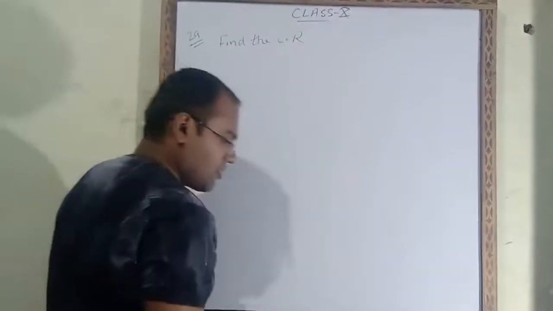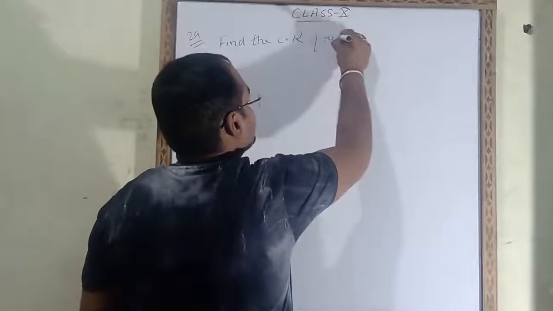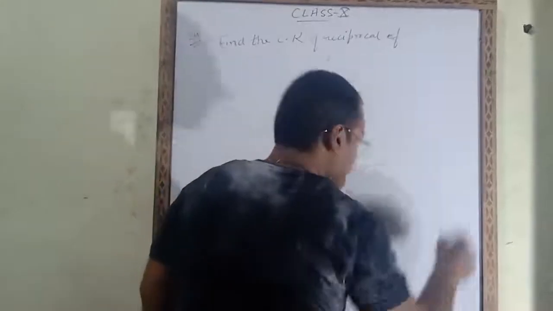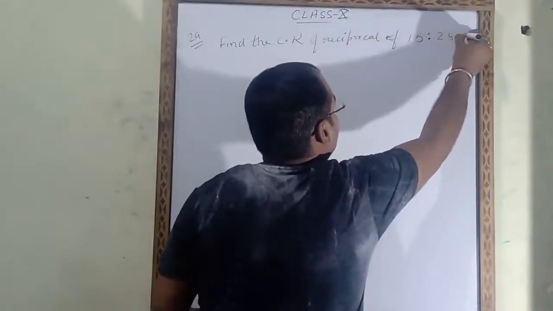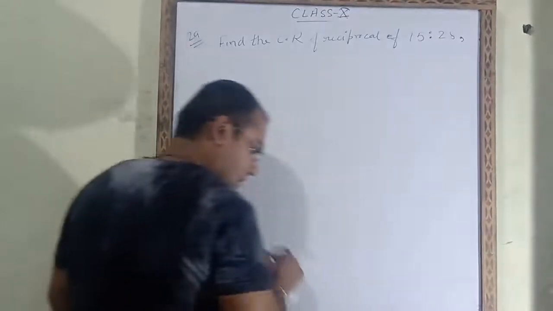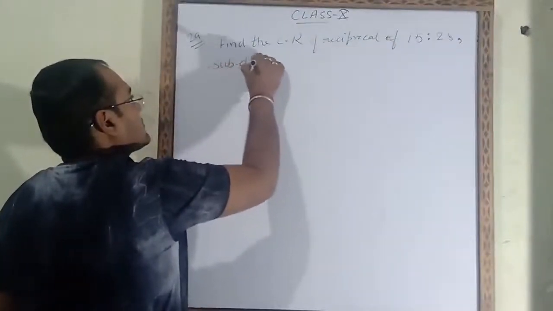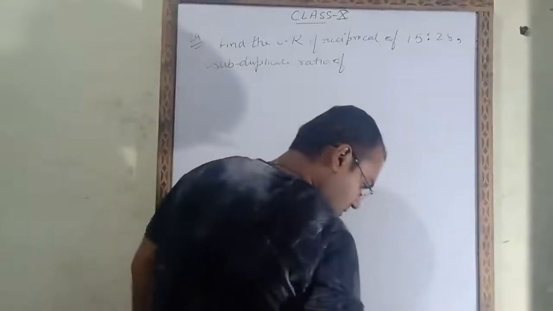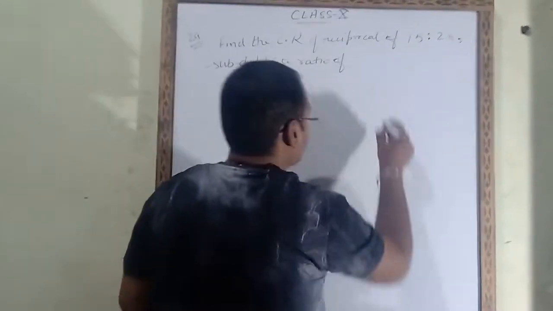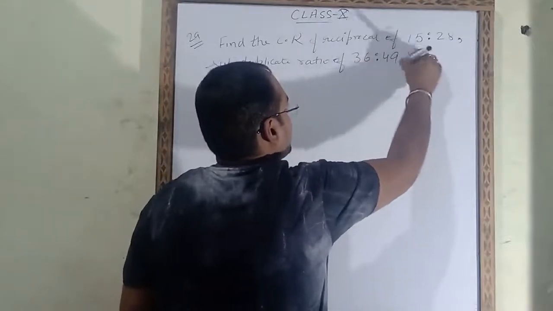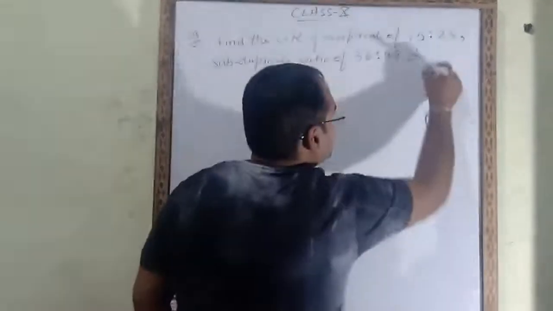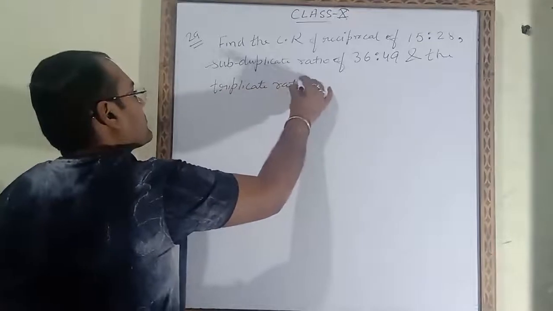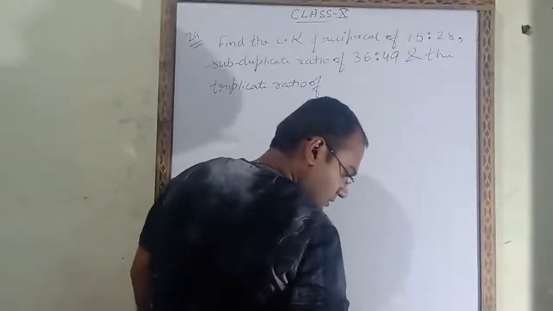We have to find the compound ratio of the reciprocal of 15:28, the subduplicate ratio of 36:49, and the triplicate ratio of 5:4.